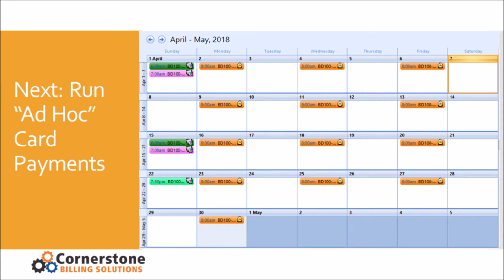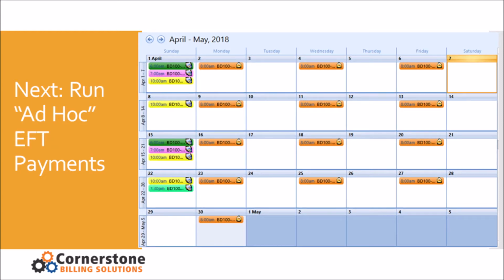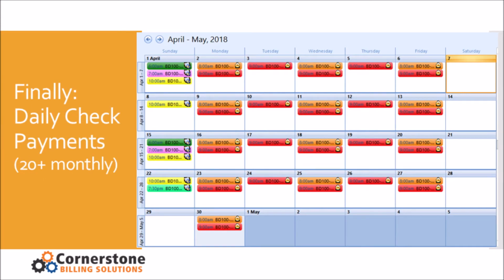So these are folks that go to alarmpayments.com, make a payment there, or maybe they call into the customer's office and say, hey, I want to pay by credit card. So those are ad hoc batches, 12 to 14 of those a month. Same thing with EFTs. We run at least 4 of those a month. And finally, there are a bunch of checks coming in. So every business day, we have a batch of checks to handle and checks to post to the open invoices. So 20 plus of those.